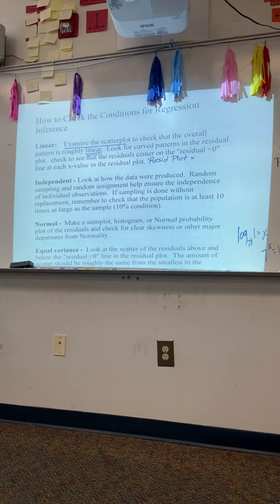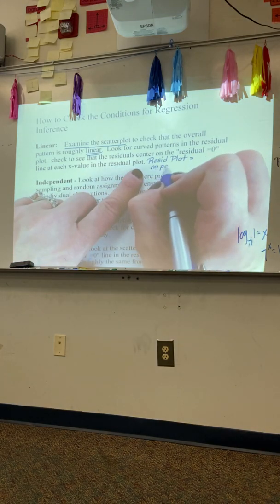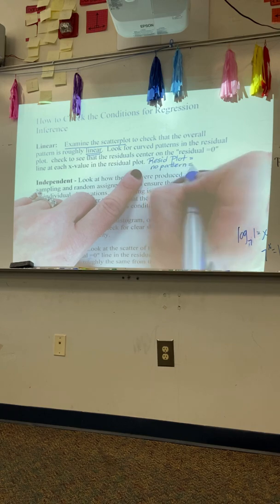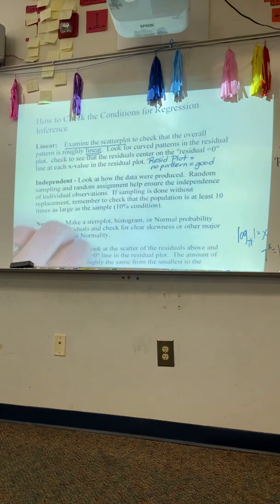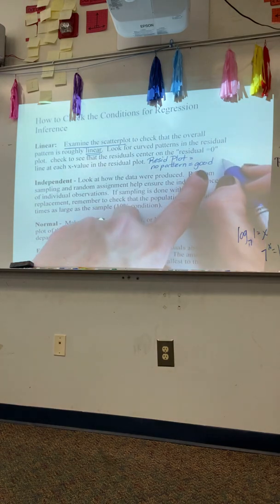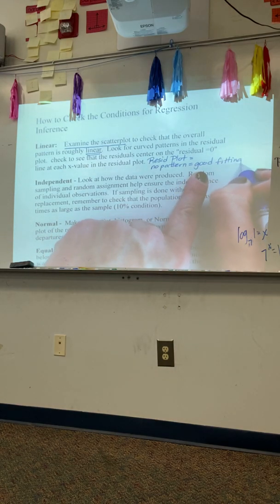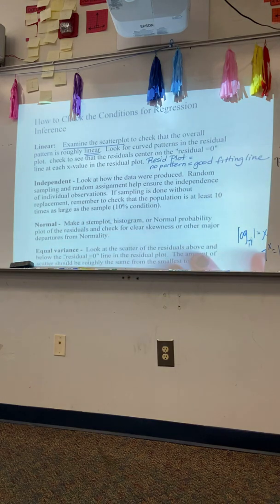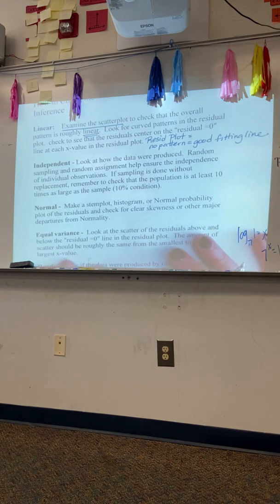Do y'all remember me saying that? Probably said it once or twice in here, okay? So remember your residual plot, no pattern equals good fitting line. That means that a line is a good fit for the data. Not an exponential curve, but a line is good fitting line. Okay, so that's kind of from chapter 3, right?